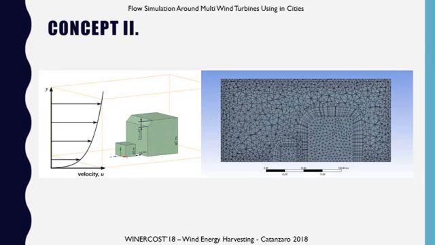So we modified the geometry by chamfering it at 45 degrees, and we also provided a more realistic input wind profile, and we also made the mesh around the building more precise.